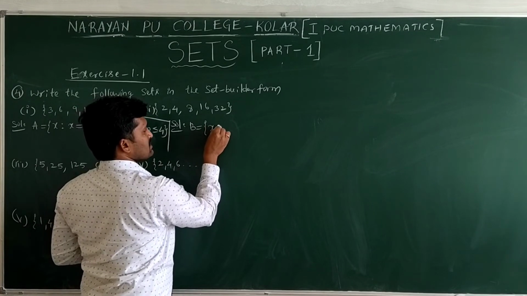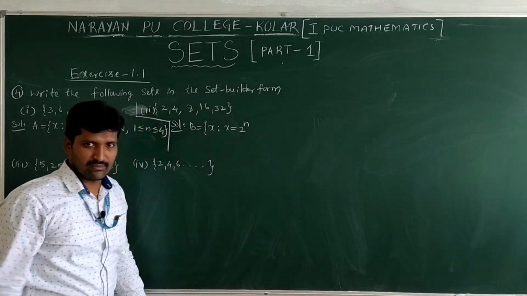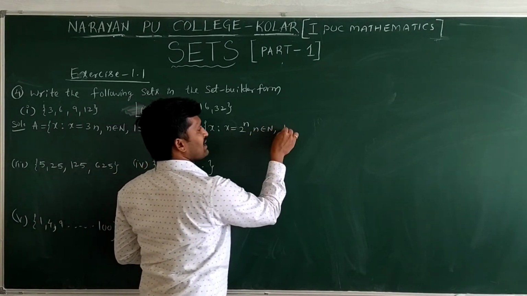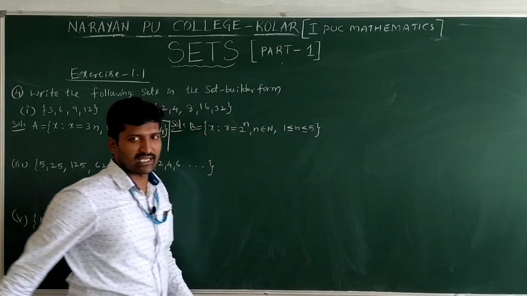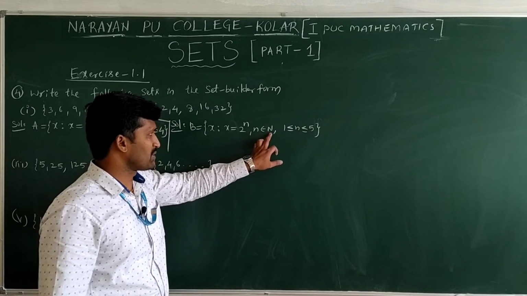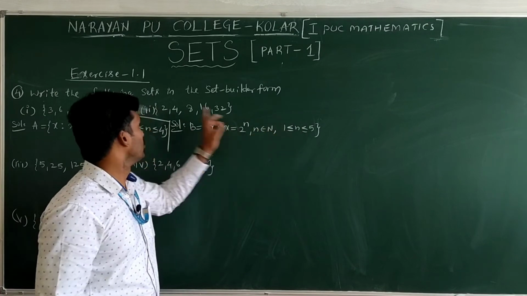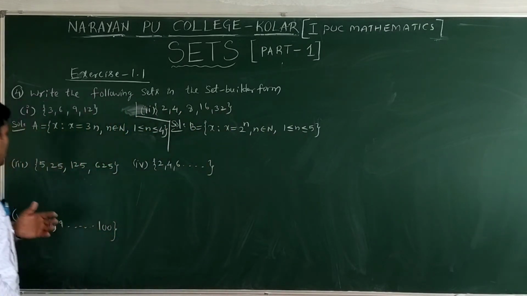The element x such that x is equal to 2 power n, where n is a natural number and n is lying between 1 to 5. Correct? Natural number compulsory, because if we do not take natural numbers, decimals will also be included. So 1 to 5: if you take 1, you get 2, then 4. If you take 5, 32. Like that all numbers will be possible.